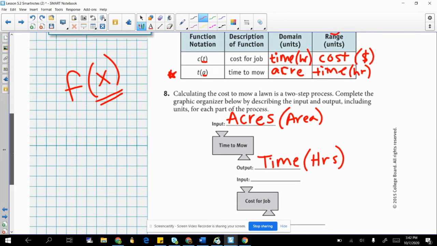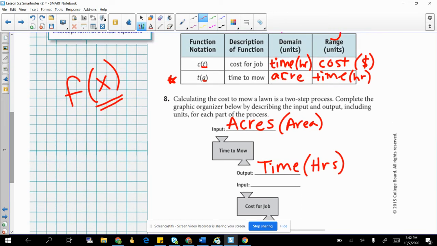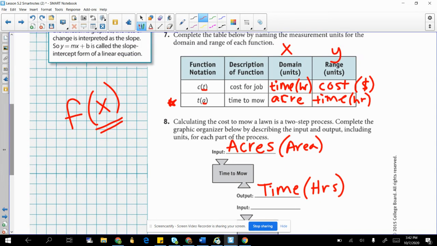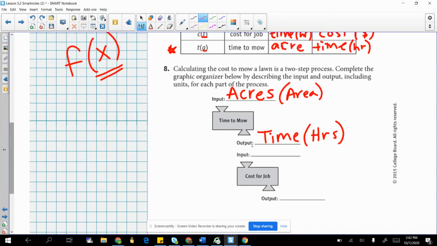Okay, then that makes sense because whatever our output is, that's what we take and plug into the next one. So we ended up getting that it would take 8 hours. We took that and plugged it into the next one. So that's our next input, also time in hours. And when we plugged in that time in hours, we got the final output, which was the cost in dollars.